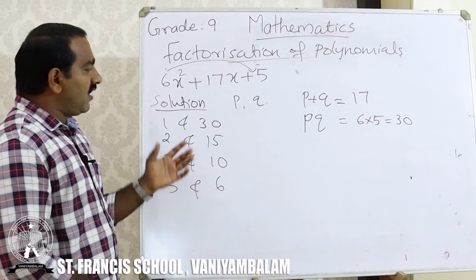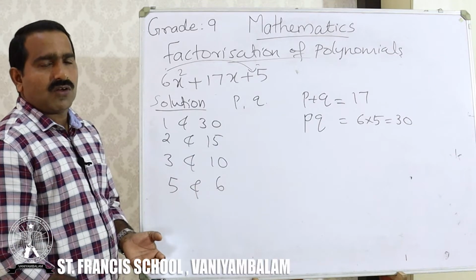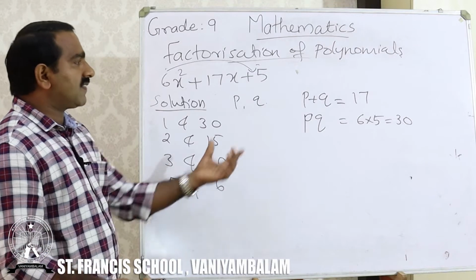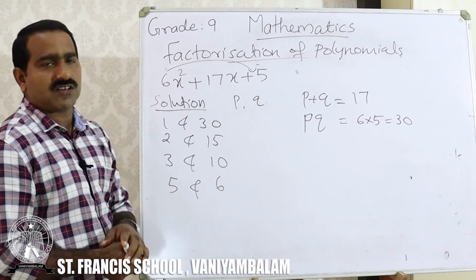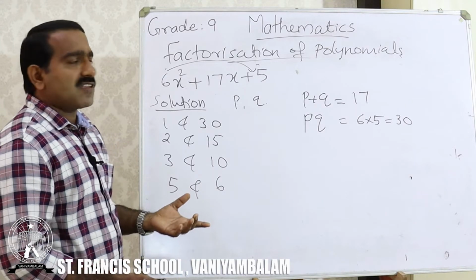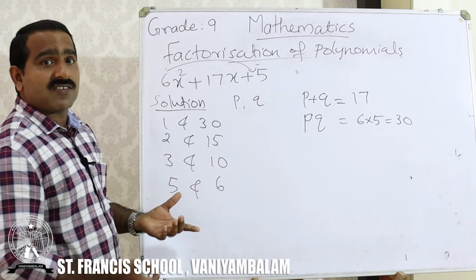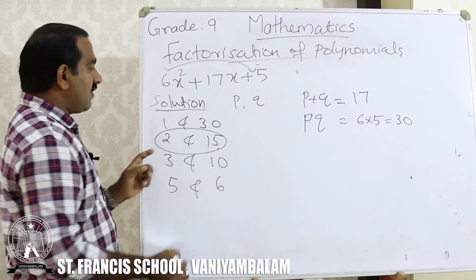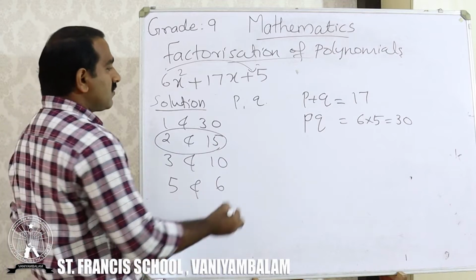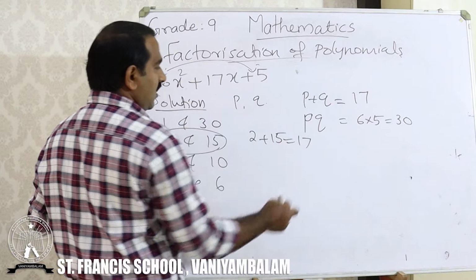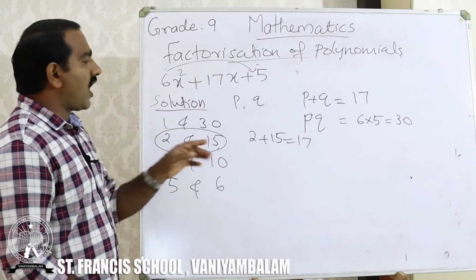Now check these pairs, which gives us sum 17. We can take 2 and 15, which will give us sum 17, that is 2 plus 15 equal to 17.